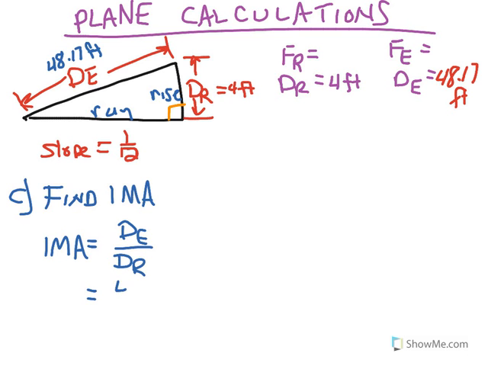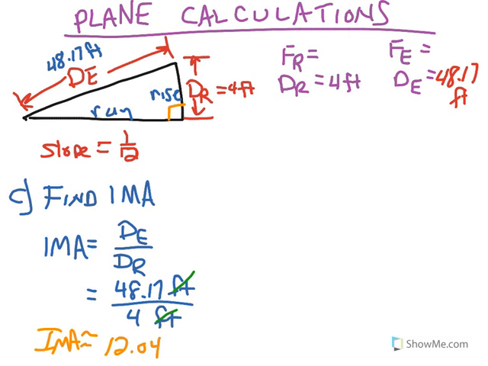Our effort is 48.17 feet. The resistance is 4 feet. Feet cancel. 48.17 divided by 4 is approximately 12.04. That's the ideal mechanical advantage.